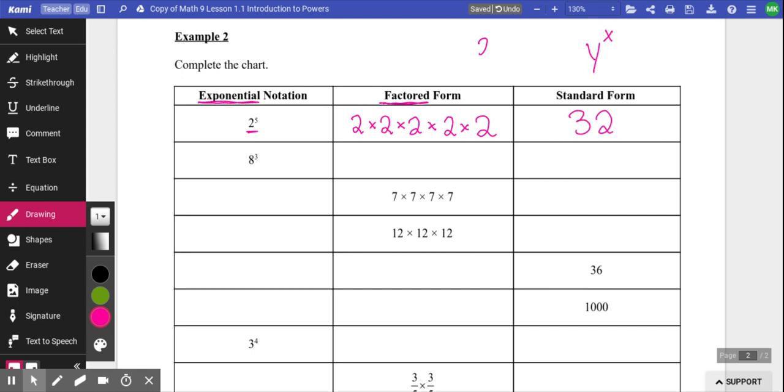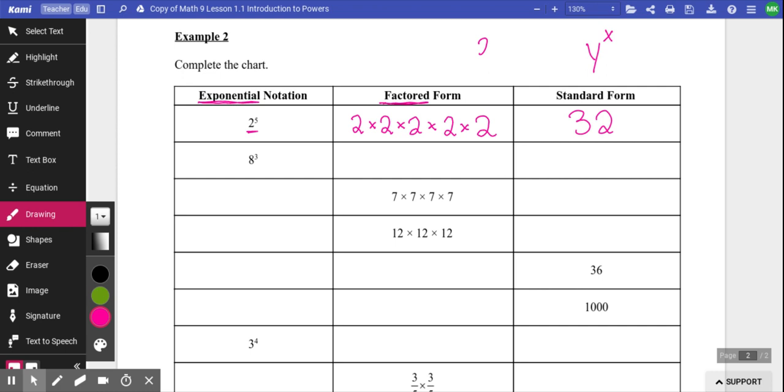So for us, you would hit the number you want as the base first. So I would hit 2, then I would hit my y to the power of x button, and then I'd hit 5, and then I'd hit enter. And that would tell me what 2 to the power of 5 is. I think it's probably easier to punch it in this factor form. It's up to you.